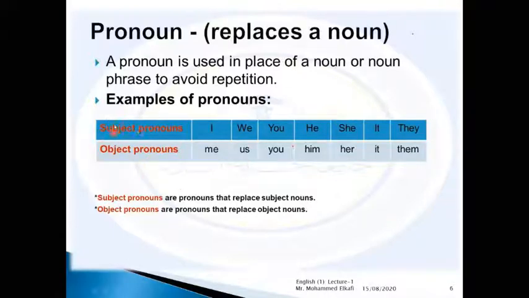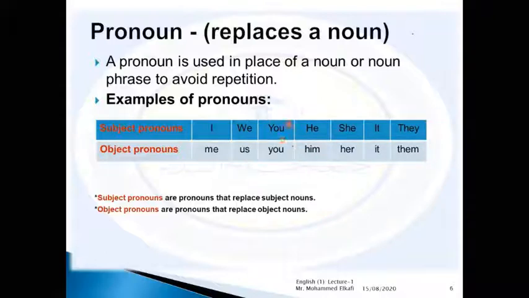So as we said, subject pronouns come before verbs, and object pronouns come after the verb. After the verb, we find me. I is subject, it comes before the verb. Me is object, used after the verb. We is a subject pronoun, it comes before the verb, and us is an object pronoun, it comes after the verb.